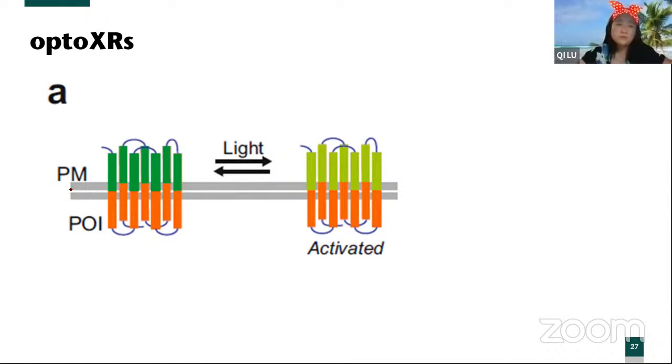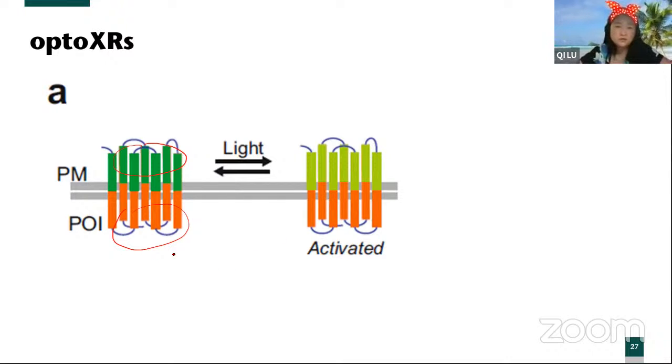For opto XRs, and we actually talked about this before, the extracellular part is changed to optogenetic rhodopsin, but the intracellular part is still kept like the beta 2 adrenergic receptor or alpha 1 adrenergic receptor.